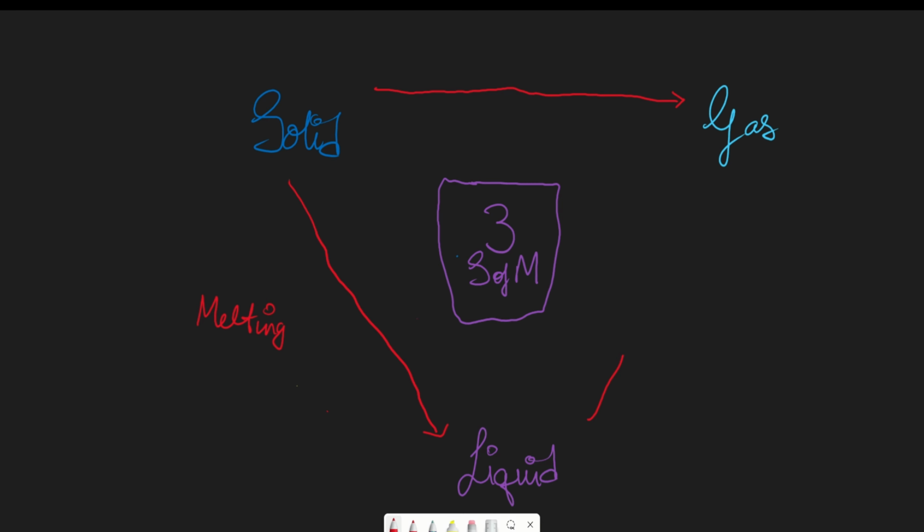And as a substance heats from a liquid and becomes a gas, it's called boiling. And a solid directly becoming a gas is called sublimation. These are the three heating processes.